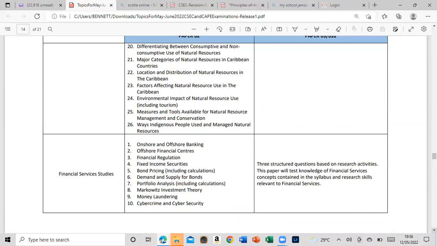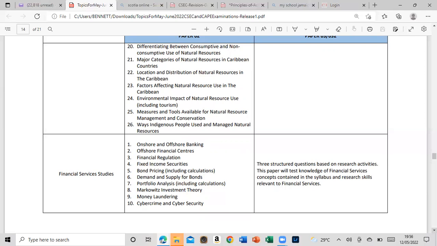All right, 1, onshore and offshore banking. 2, offshore financial centers. 3, financial regulations. 4, fixed income securities. 5, bond pricing, including calculation. 6, demand and supply for bonds. Portfolio analysis, including the calculations.